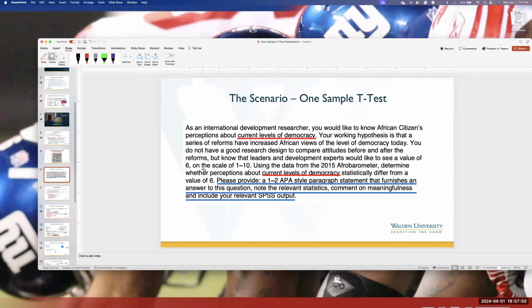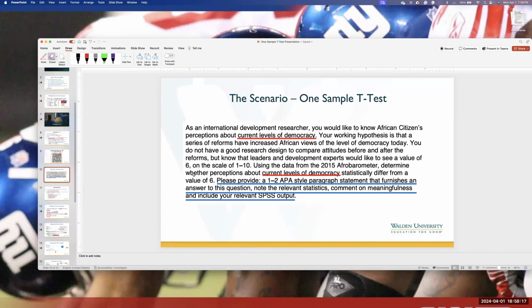All they're saying is that when they collected this data, they asked a question on a scale of 1 to 10. All they're doing is telling you how the data was set up. Oh, okay. And because it was set up from 1 to 10, they arbitrarily say, let's see if we're significantly lower or higher than 6. Okay?